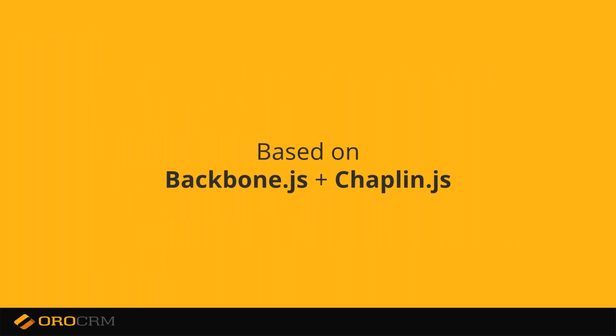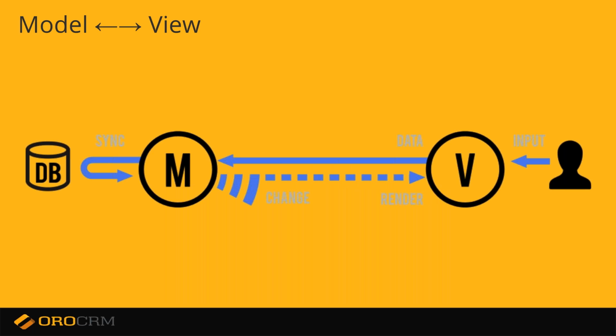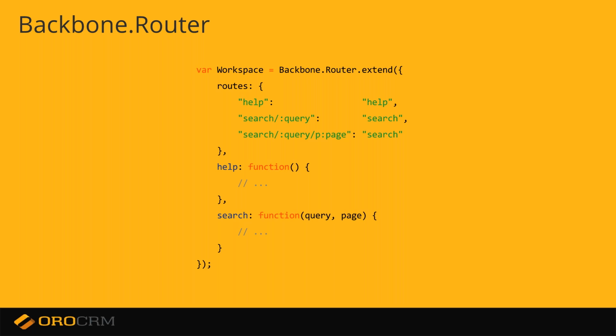As you already know, our Aura application frontend is based on Backbone.js and Chaplin.js. These libraries are great and flexible. They allow us to develop view to model and model to view relation. However, they both lack something that we need.